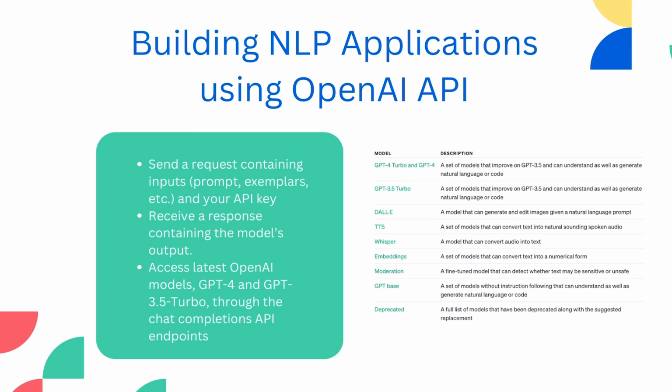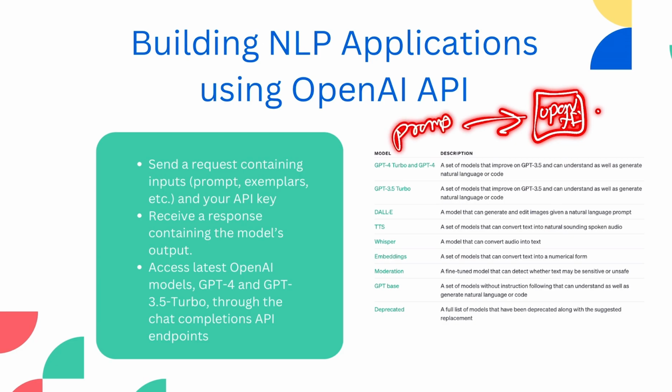With OpenAI, we can send a request containing inputs, prompt, exemplars and your API key, and then receive a response containing the model output. Basically, these OpenAI models are deployed in their instance, you send a prompt to it, and it gives you the response, right?